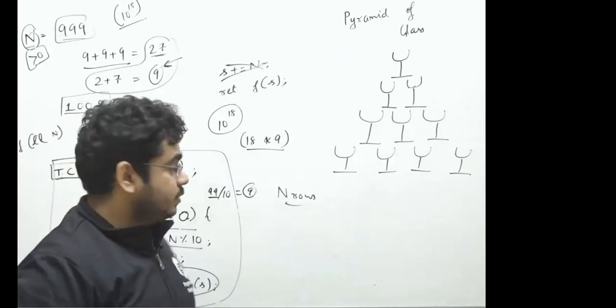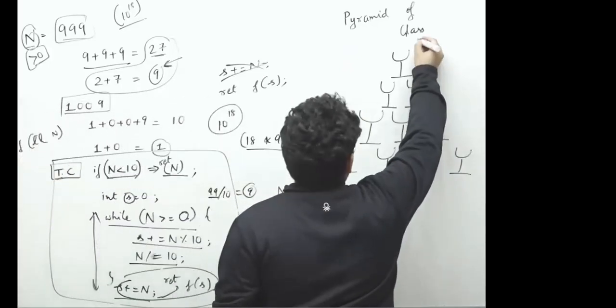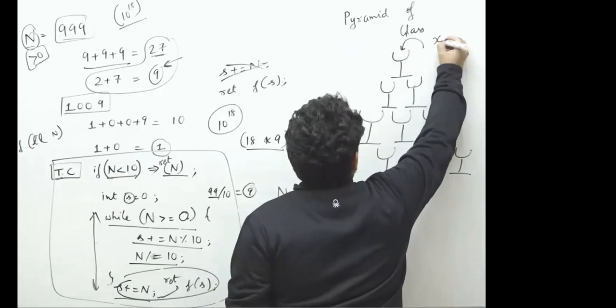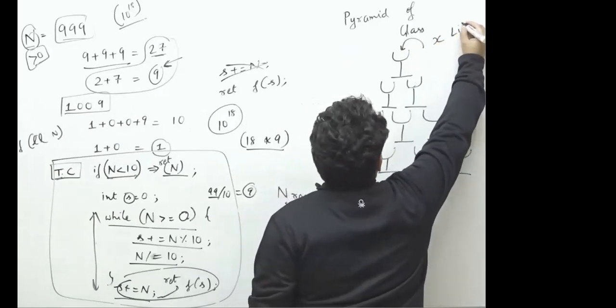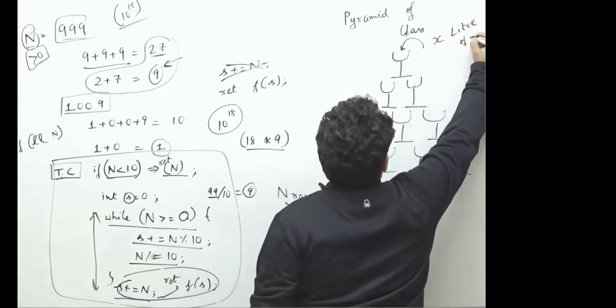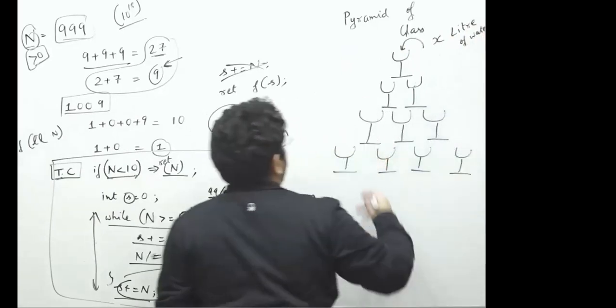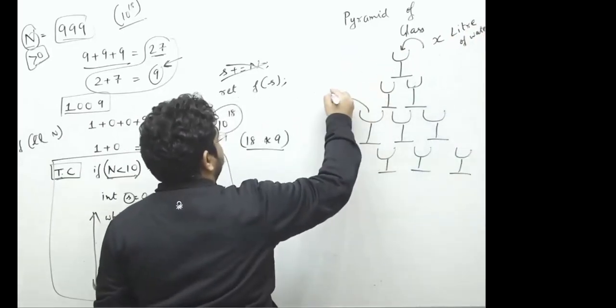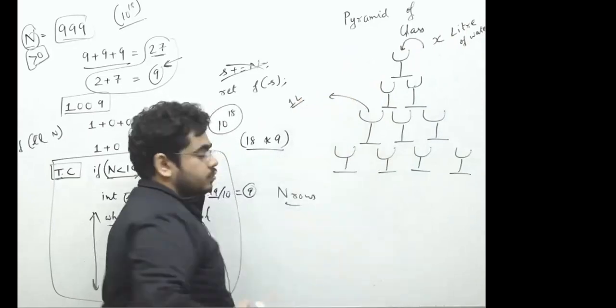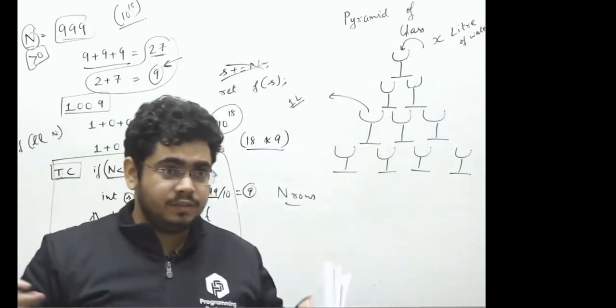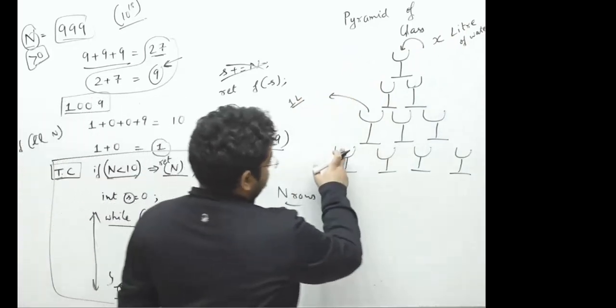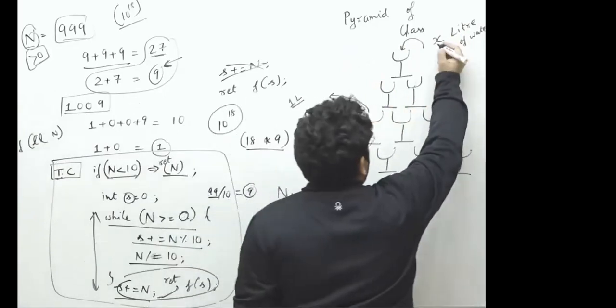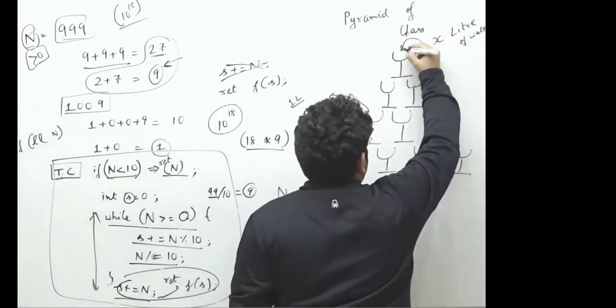Now what happens is we are pouring x liters of water here, and each glass has a capacity of a single liter. Okay, so it's a pyramid of glass. Every glass has a capacity of a single liter, and we are pouring x liter water here.